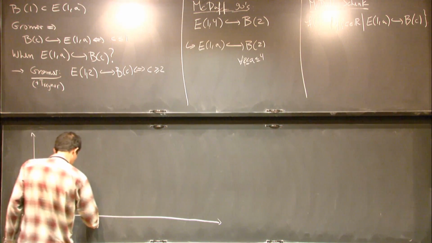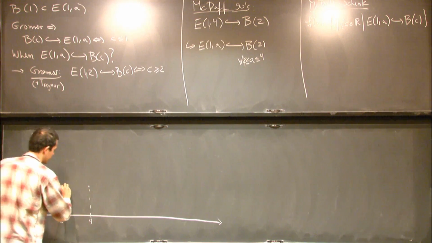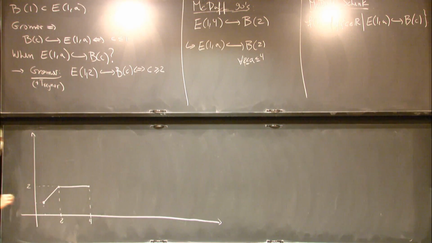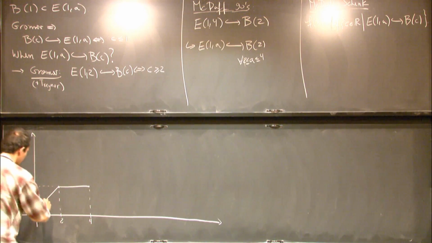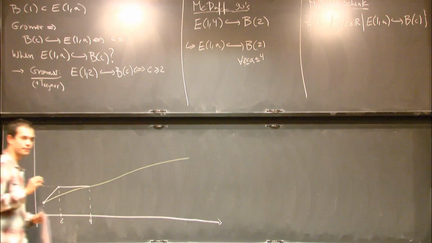And then f of 4 is also 2. And it's not so hard to see that it has to be non-decreasing. The other thing that it's not hard to see is that by volume constraints, this function has to be bigger than or equal to the square root. So here you have the square root function, something like that.